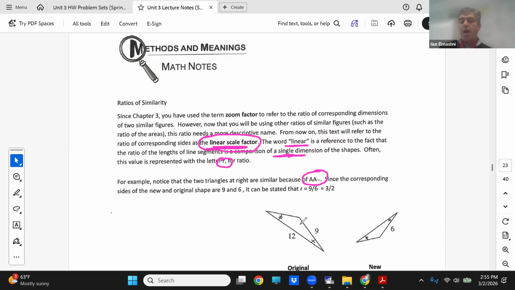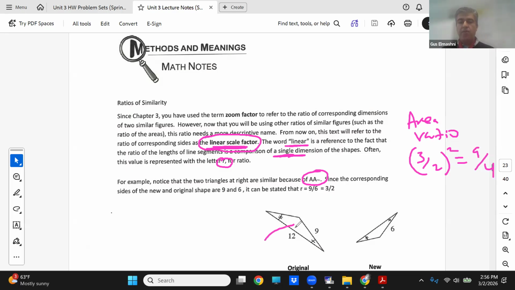Right. So what's happening here is that obviously we're not cutting the triangle in half or by a third or fourth. It's just some weird fraction. But the area ratio, I would just take the scale factor, which we're calling R, and square it, which of course would be 9/4.